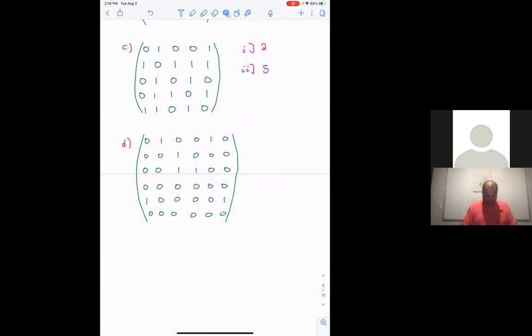Okay, 6 by 6: 0, 1, 0, 0, 1, 0, 0, 0, 1, 0, 0, 0, 0, 0, 1, 1, 0, 0, 0, 0, 0, 0, 0, 1. Actually, you could just enter the zeros. So this was matrix D to the 3rd power. And we have none, and we have 1.